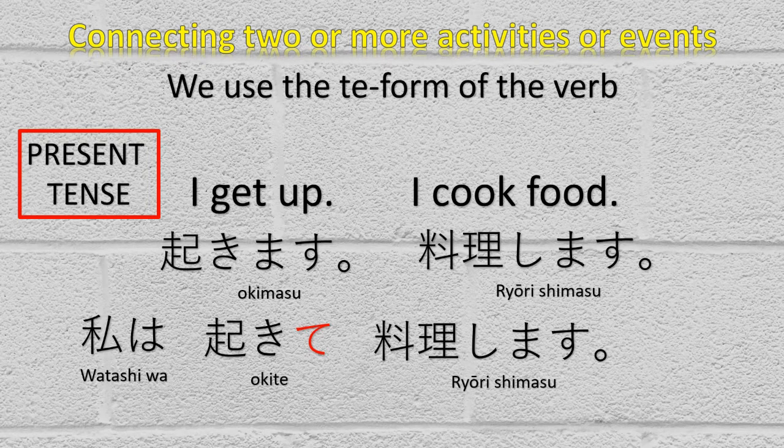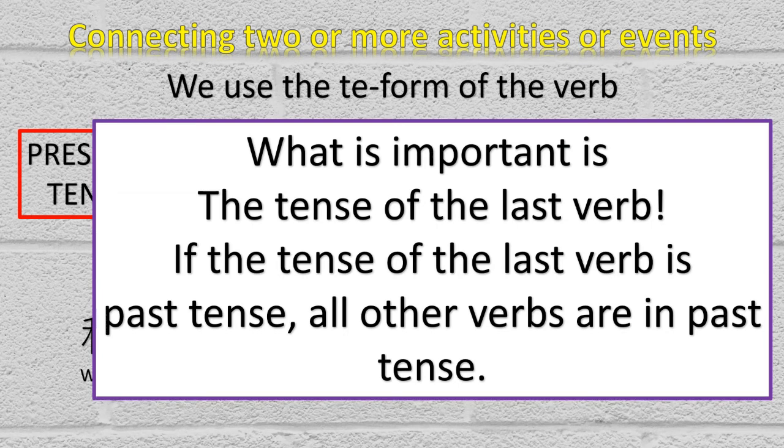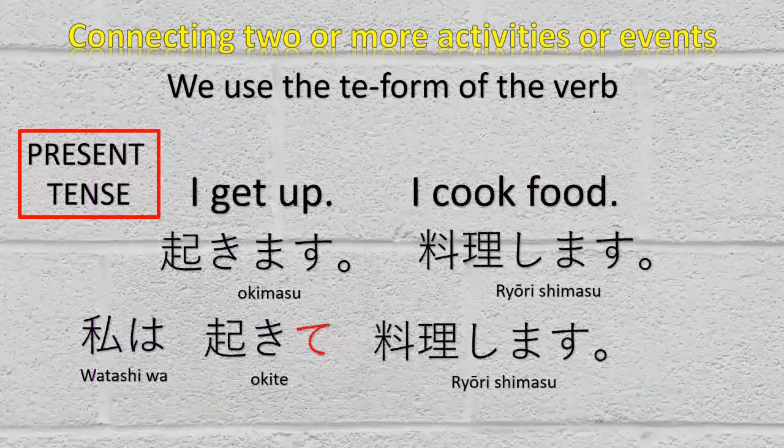So, why is it that we use okite again? It is because what is important is the tense of the last verb. If the tense of the last verb is past tense, all other verbs are in past tense.